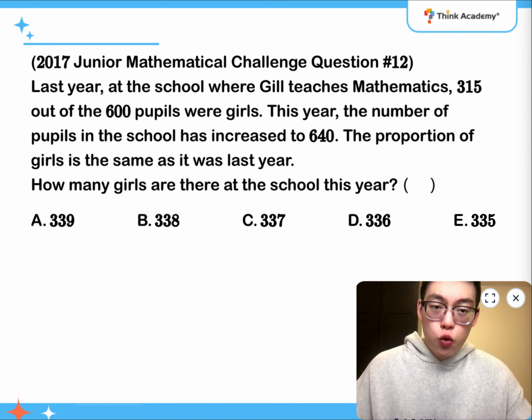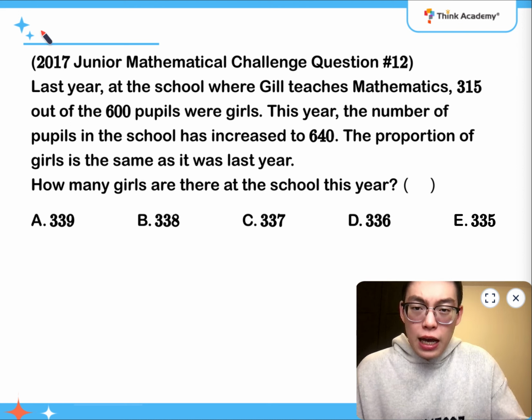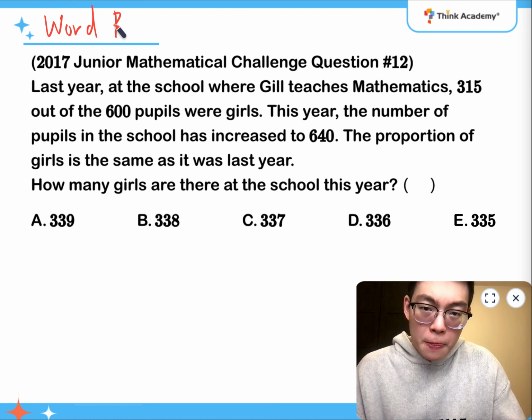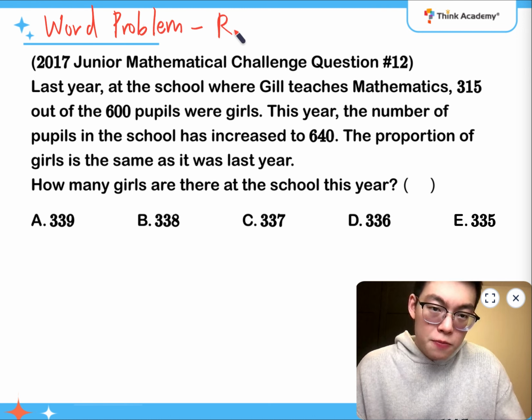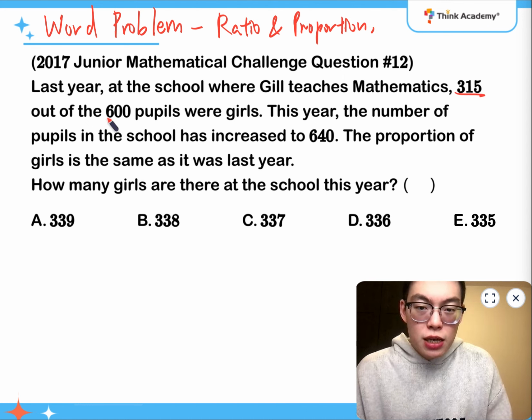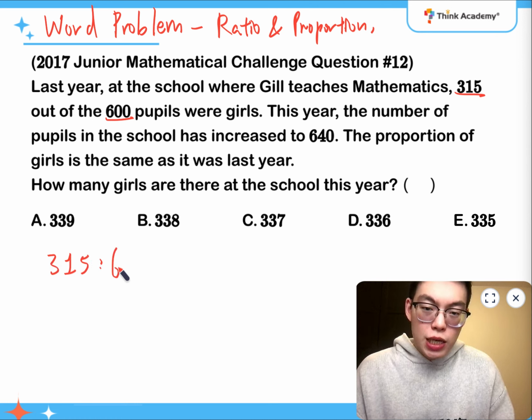And for question 12, a very classic word problem on ratios and proportions. So the ratio is 315 to 600.